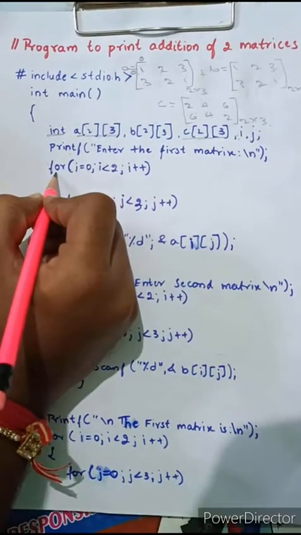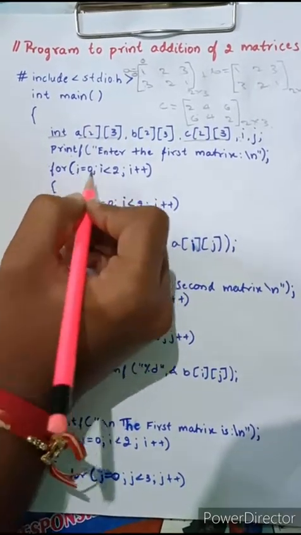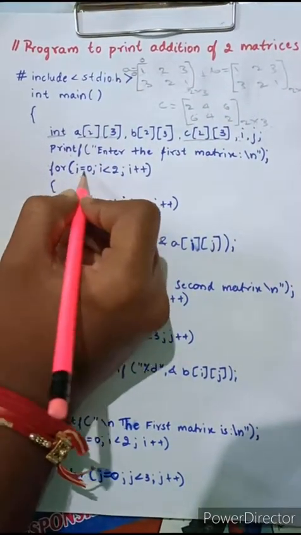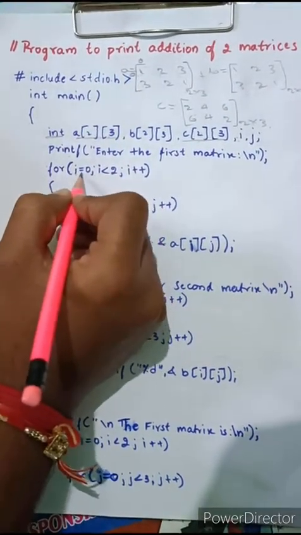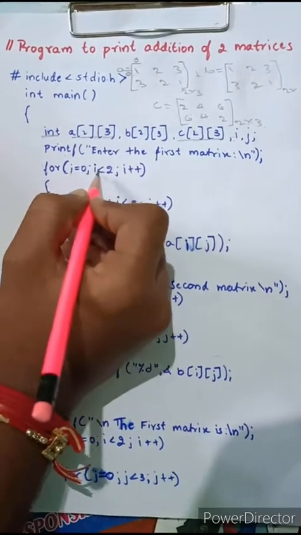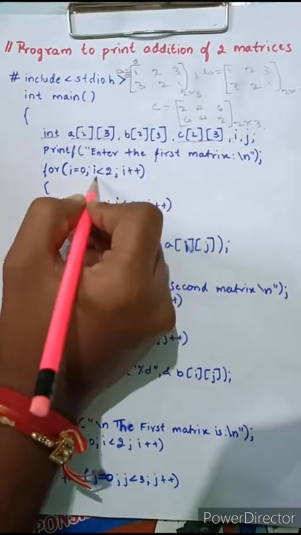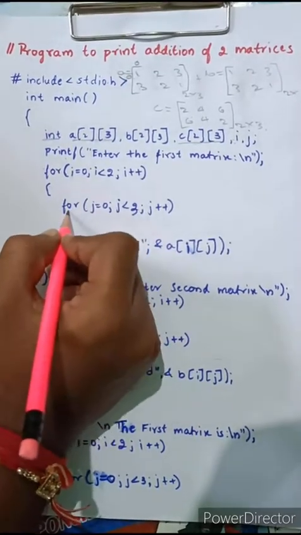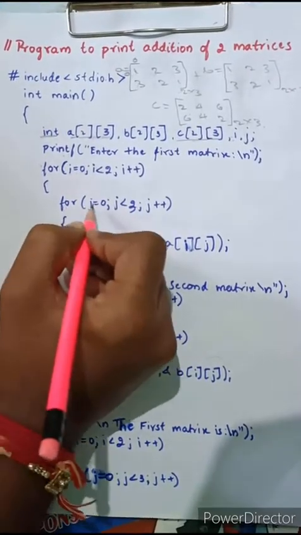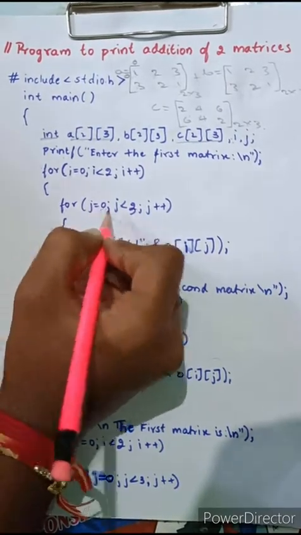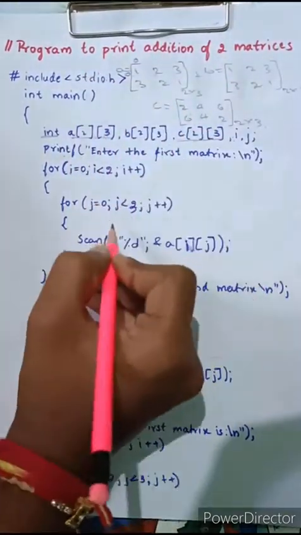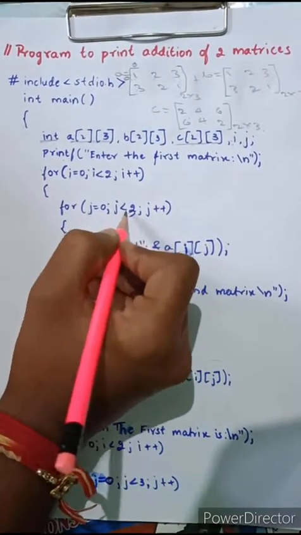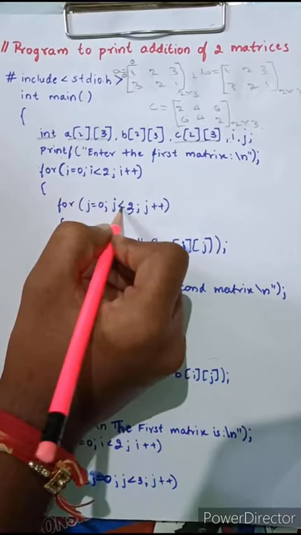In the first for loop, we are using i for the row, and i equal to 0, the initial value of i is 0, so 0 is less than 2, the condition is true, and the inner for loop is executed. The inner for loop is j equal to 0. j is used for columns, so it is less than 3. j equal to 0, 0 is less than 3, so this condition is also true.